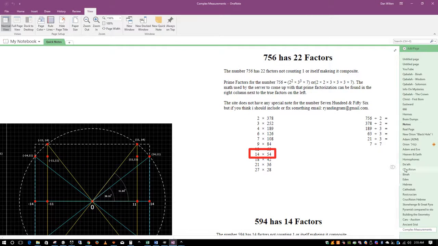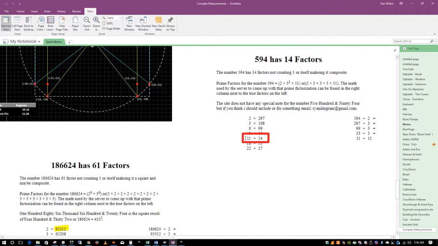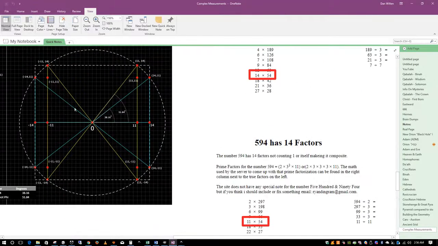So we have two different types of circles. We have one that has factors of 14. If you notice the 756 circle, the larger circle has 22 factors, but it has 14 as a factor, where the 594 circle, which squares it, is an 11 circle. So it has an 11 factor in it. So when we put the 594 inside the 756, then we naturally have something that we can plot.